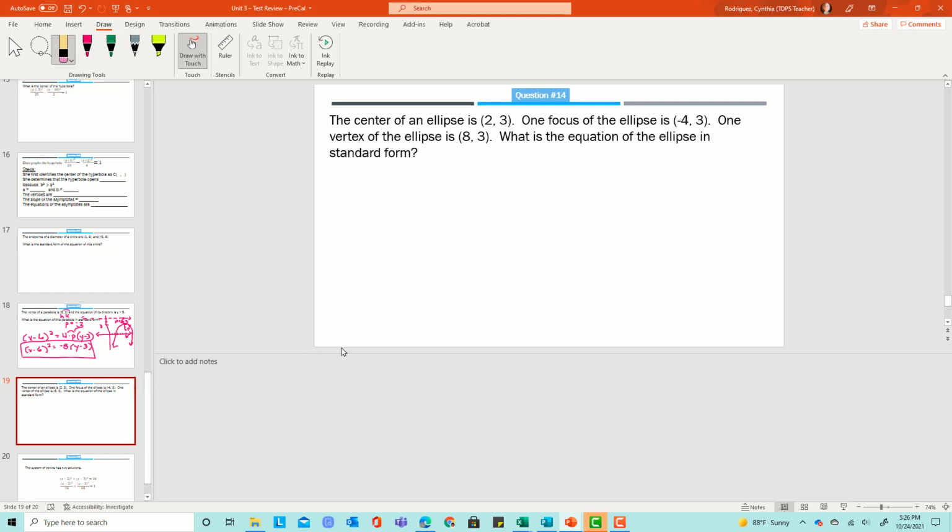Okay, so for question 14, we have the center of an ellipse at 2, 3. And the focus is at -4, 3. So I'm going to sketch that. Just make a quick graph, just kind of see what's happening. All right, the center is at 2, 3.